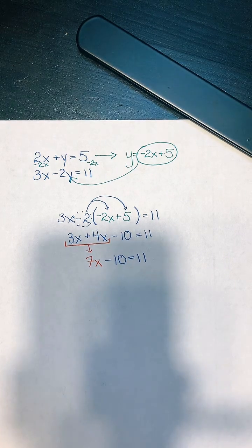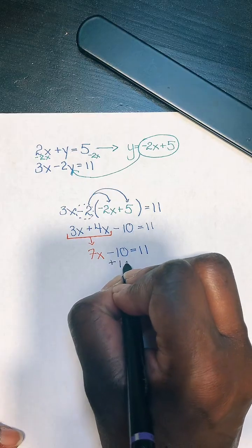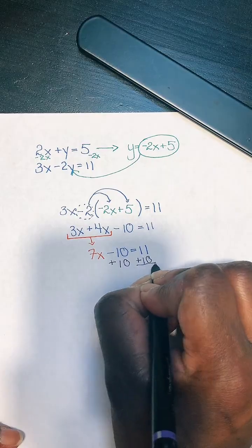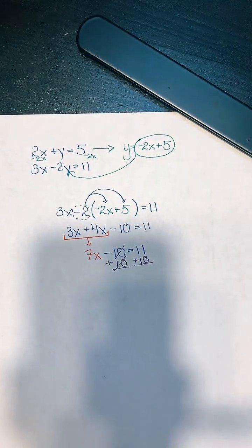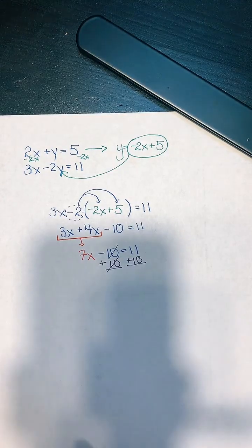Good. So we're not going to get rid of the 7x, but we are going to add 10. The reason why we're doing this is we're trying to get x by itself. That's the main goal when we do these. We're trying to isolate our variable.